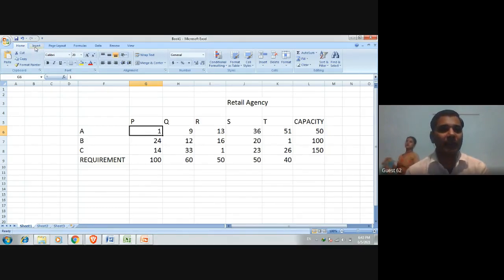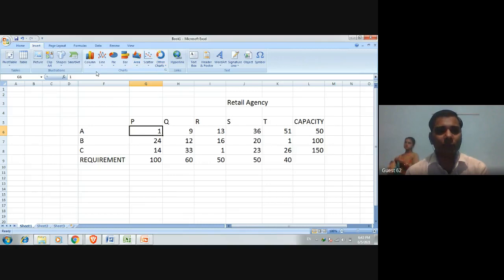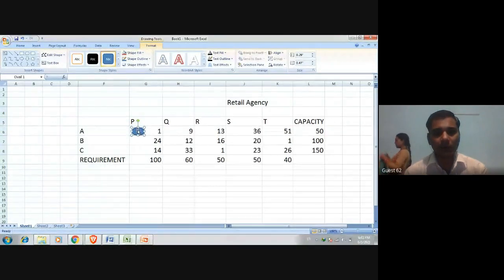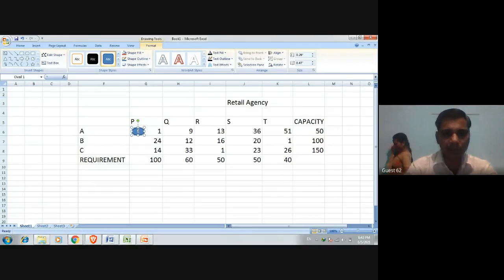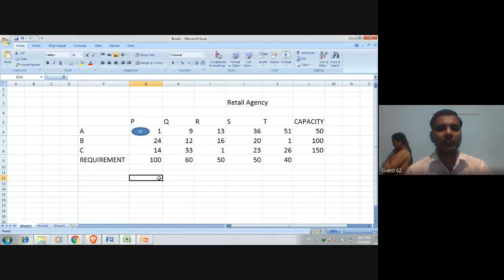I'm inserting a circle to allocate 50 units. Now I have inserted 50 units. This 50 unit is allocated to retail agency P. Now the capacity, meaning the available units in warehouse A, has been finished.